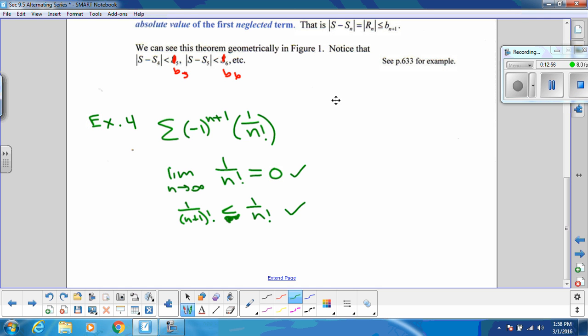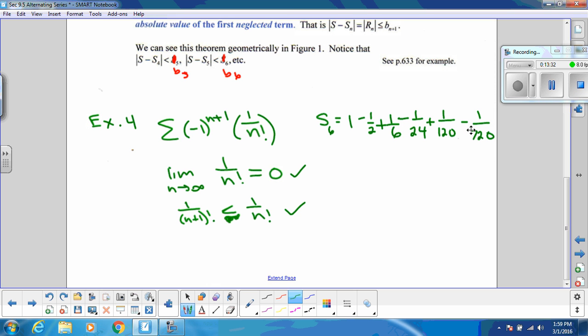Notice that it says use the first 6 terms to approximate the sum. So if we use the first 6 terms, that's S6. The first term is 1, the second term is negative 1/2, the third term is 1 over 6, the fourth term is minus 1 over 24, the fifth term is 1 over 120, and the 6th term is minus 1 over 720.